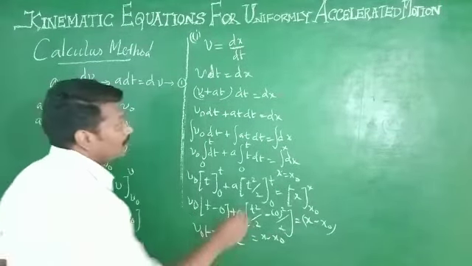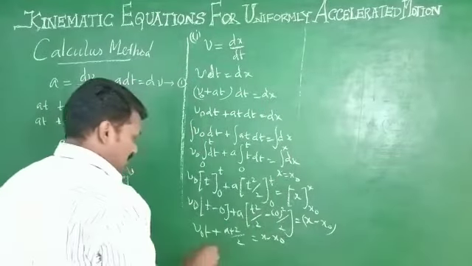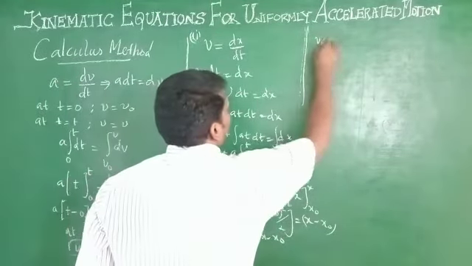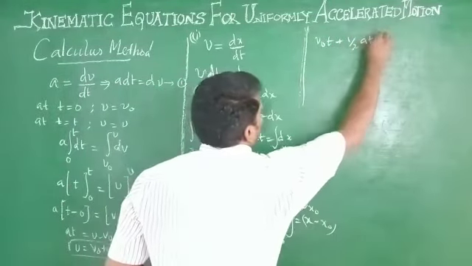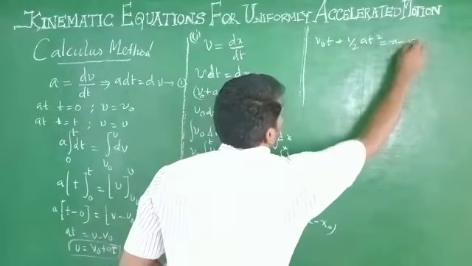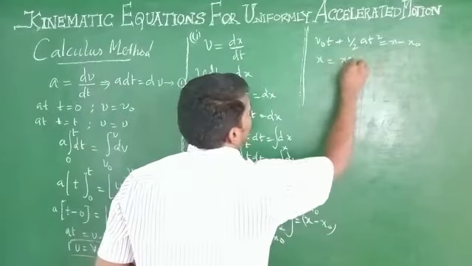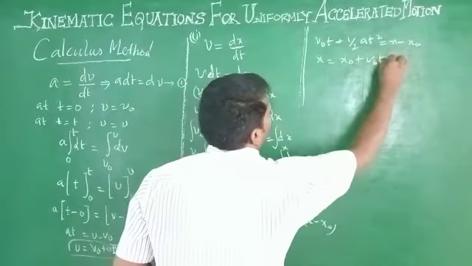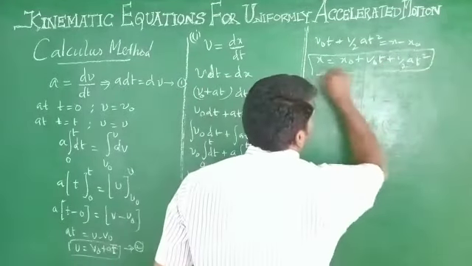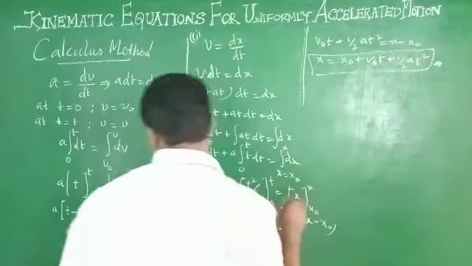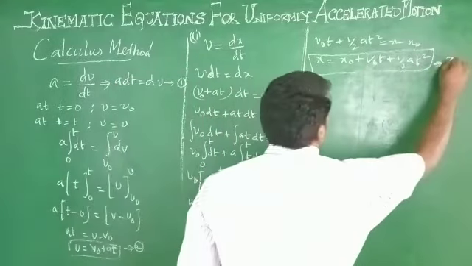So it will be written as v naught t plus half a t square equal to x minus x naught, or x equals x naught plus v naught t plus half a t square. This is equation number 2.